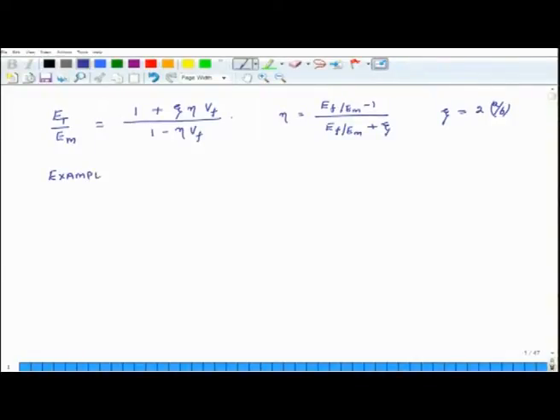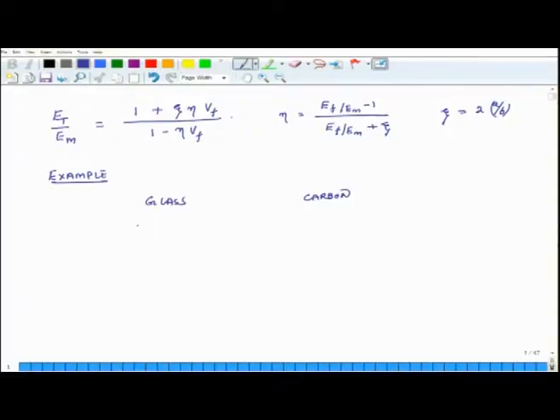So, consider the case that we have two types of fibers: glass fiber and carbon fiber, and both these composites have the same matrix material, and volume fraction could also be at two levels.